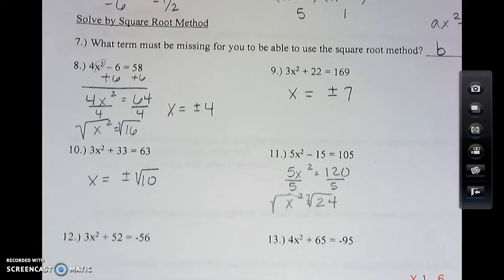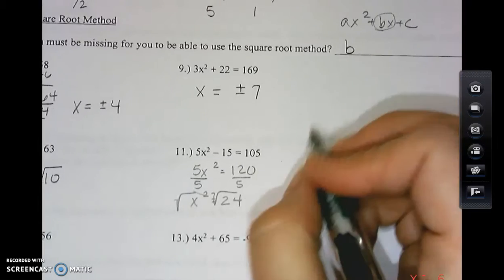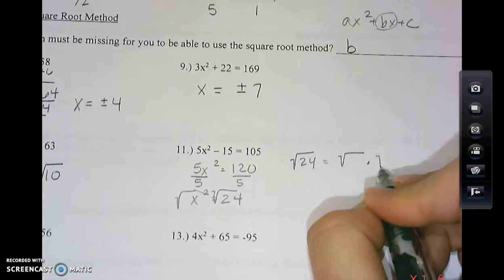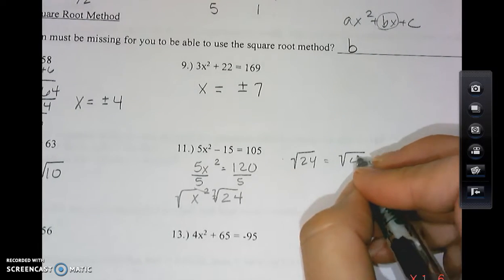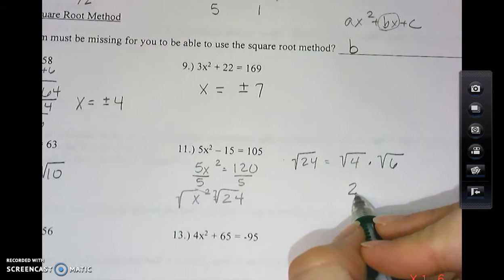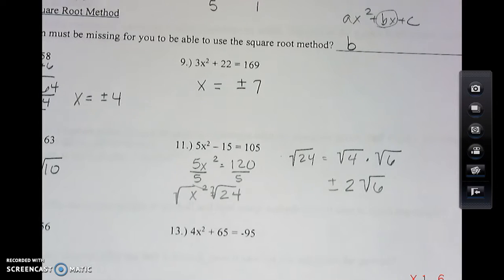So let's go over again how we simplify these radicals. So if I have the square root of 24, I'm looking to break that up into something times something where one of those somethings is a perfect square. And that's going to be 4 times 6. So the square root of 4 is 2. The square root of 6 I can't do anything with, so it just stays. So my answer is plus or minus 2 radical 6.